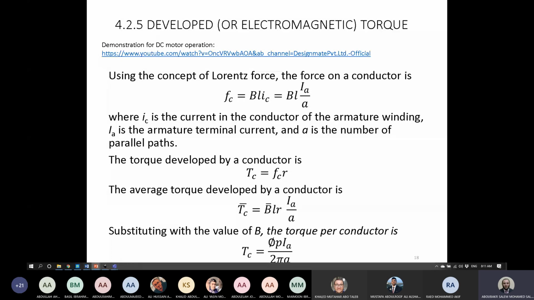What is the relation between force and torque? Torque equals force multiplied by radius. What is the radius here? It's the radius of what?